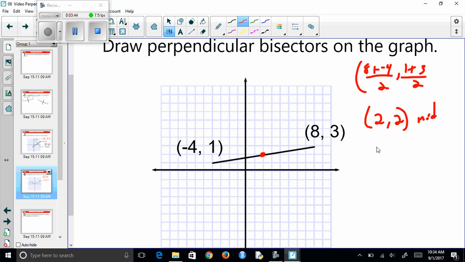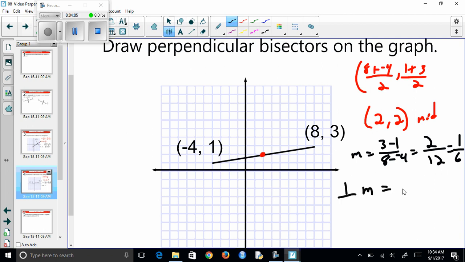Now to find our slope, I'm going to do 3 minus 1 over 8 minus negative 4. So I have 2 over 12, which can reduce to 1 over 6. So my perpendicular slope is, if that's positive, this has to be negative.